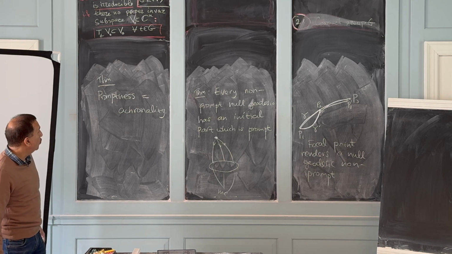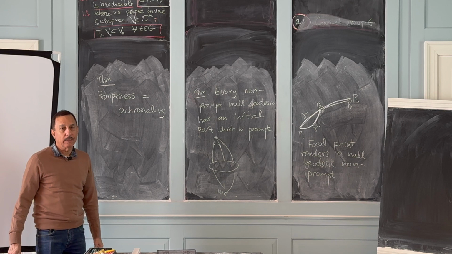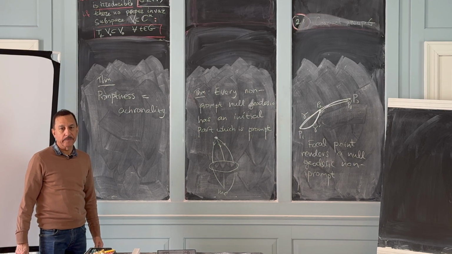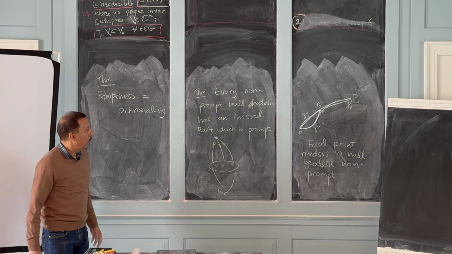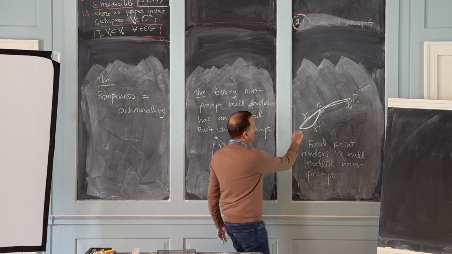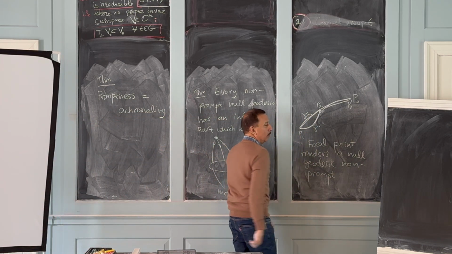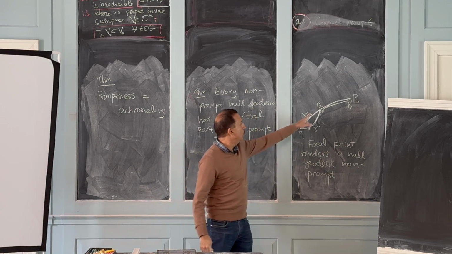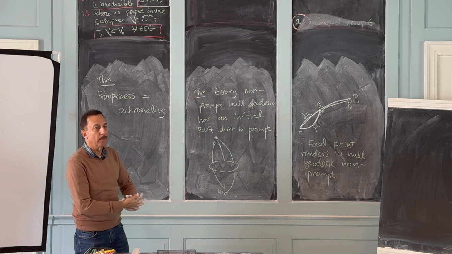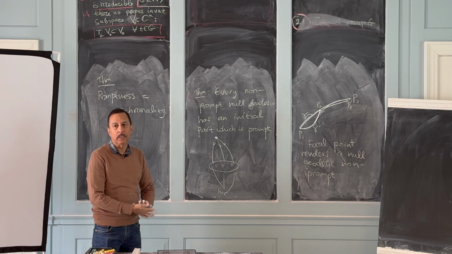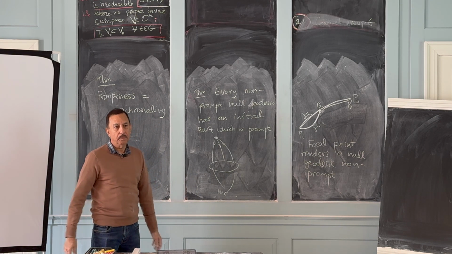So, achronality means there are no 2 points on my curve that can be connected by a time-like curve. And it's obvious in one way. If you have a prompt path, you don't expect there to also be a time-like curve that connects 2 points on it. But in fact, it's the other way also. If there's never a time-like curve connecting 2 points, then it is achronal.